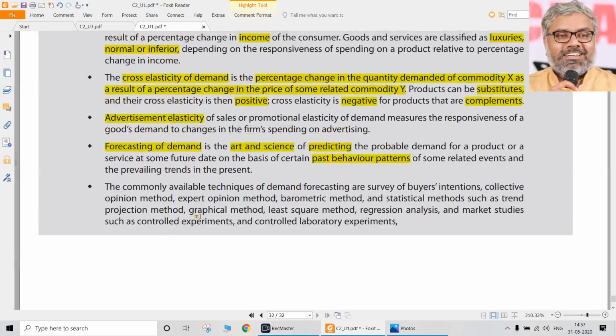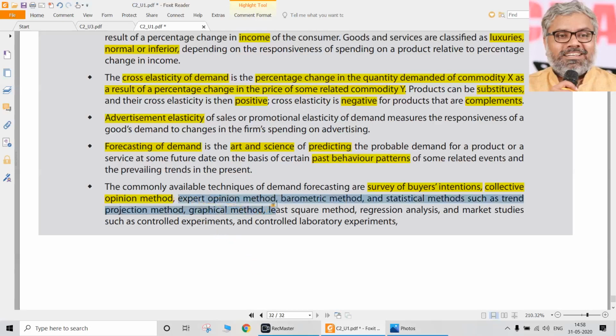Also, there are some techniques which are used for demand forecasting. Names only. What are those? Survey of the buyer's intentions: taking a whole market survey or a sample survey, but ultimately taking some feedback from the existing customers or potential customers. That is one of the techniques. Or the collective opinion method, which gives the opinion of a huge number of sales force that is appointed by bigger organizations.